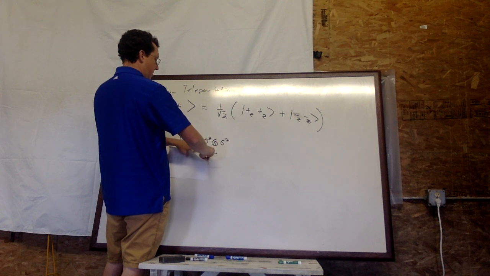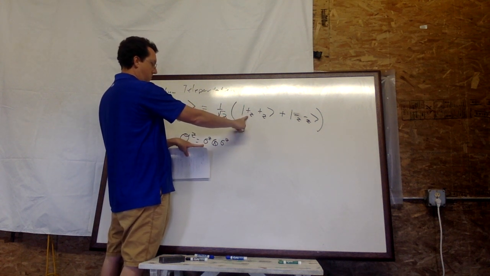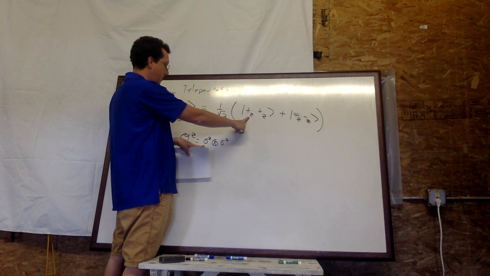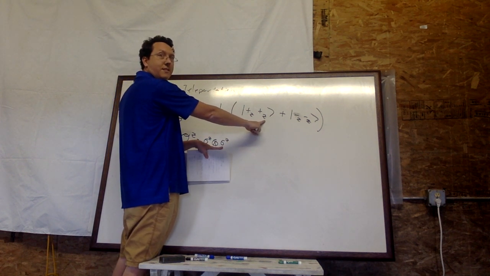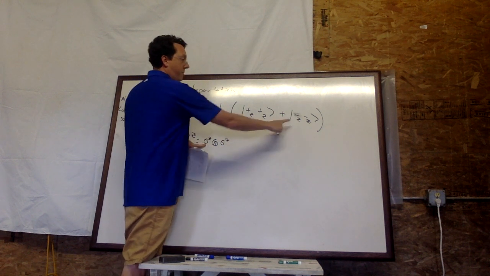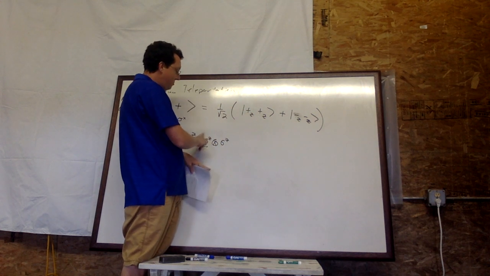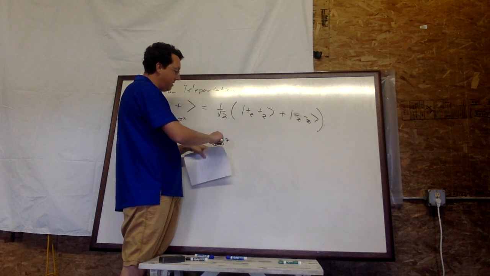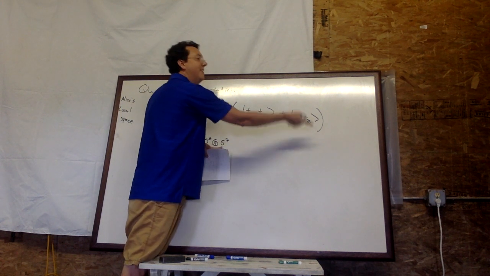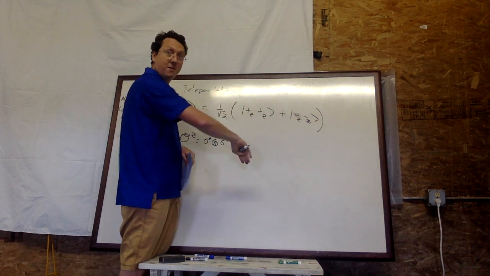If this one acts, what does it do on the first factor? Nothing. What does it do to the second factor? Nothing. Okay? What does this first one do to the first factor? It's a minus sign. But I didn't do just this. I intertwined the two, so I simultaneously apply the second one. And you both get a minus sign. You get double minus signs, which is the same as a plus sign.